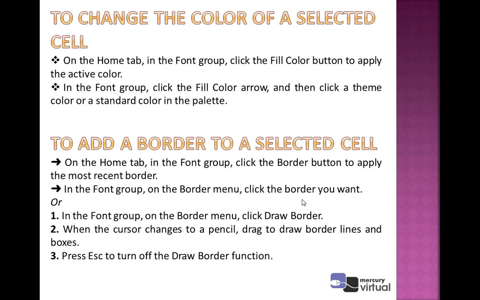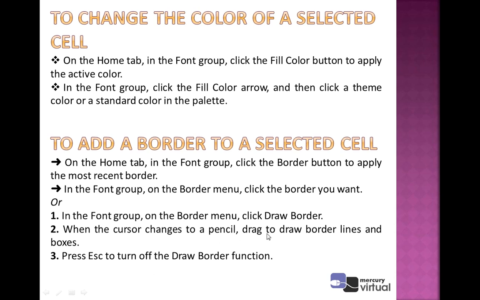Either you can opt for the bottom border, top border, middle border, or you can use any formatting for the border purpose. In the font group, on the border menu, click the border you want. Or in the font group, on the border menu, click draw border, means you can use the pencil.